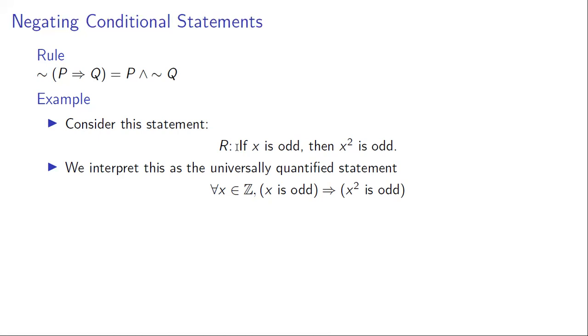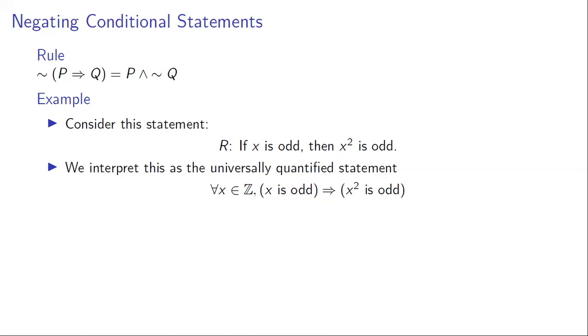You can't have a number like 1.5 be odd. So I'm assuming the set being discussed here is the set of integers. So we interpret R as the universally quantified statement: for all x in Z, if x is odd, then x squared is odd.